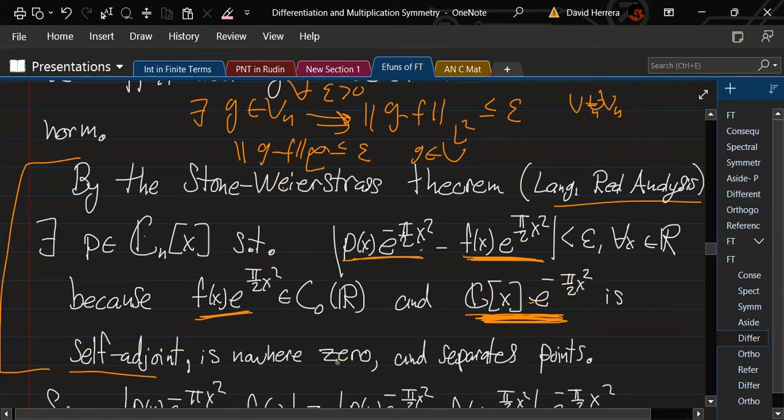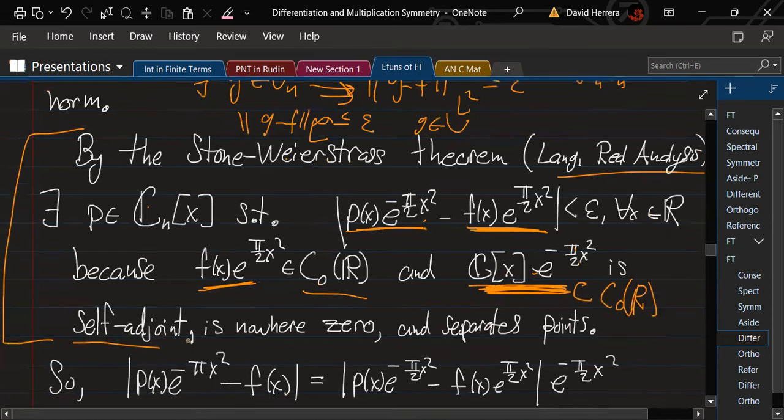It's nowhere 0, because if I want a function that's 0 somewhere, I can just pick a polynomial that's not 0 there, and it separates points. That's just a fact about polynomials. Polynomials separate points and are nowhere 0, and the fact that they're multiplied by a Gaussian tells you that it's a subspace of C0 of R.